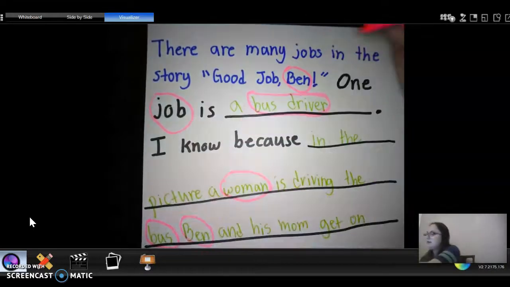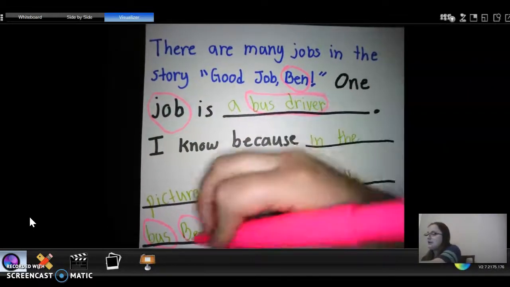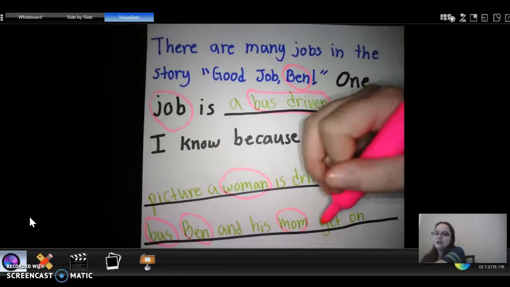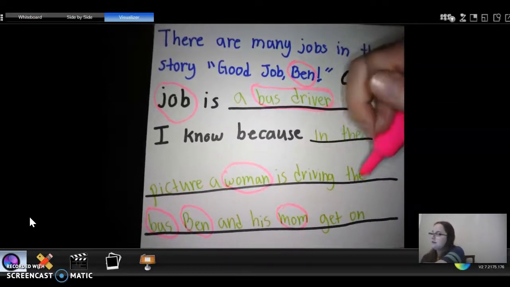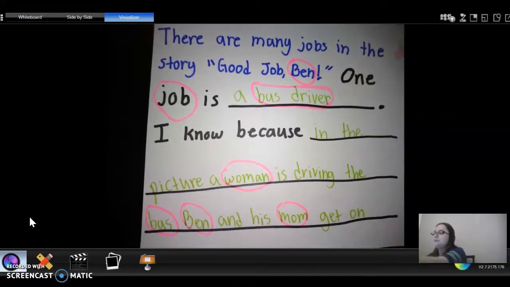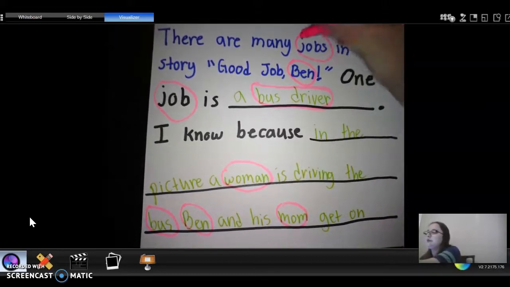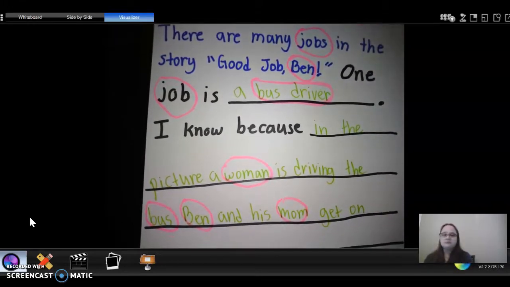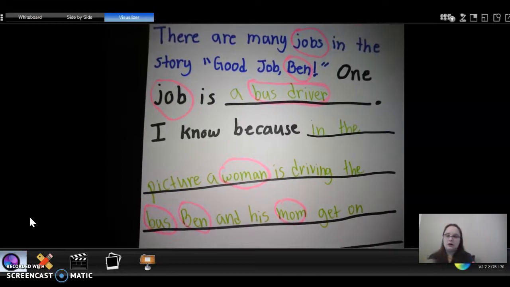Ben and his mom, so Ben and his mom are both people. Get on. A woman is driving the bus, Ben and his mom get on. Oh, and we can circle jobs up here too. Jobs are a thing. So you're going to make sure that you circle all of the nouns, which are person, place, or thing, in your favorite color.